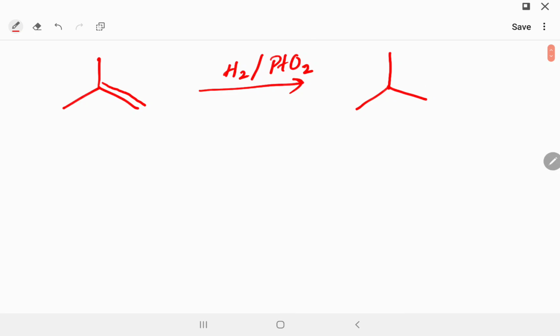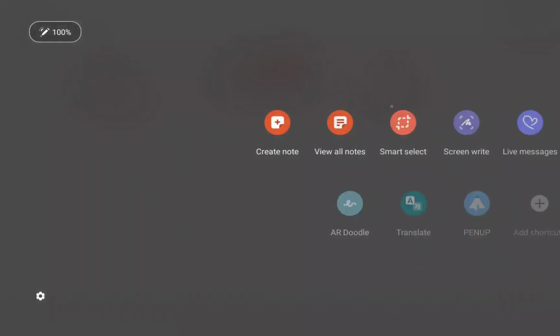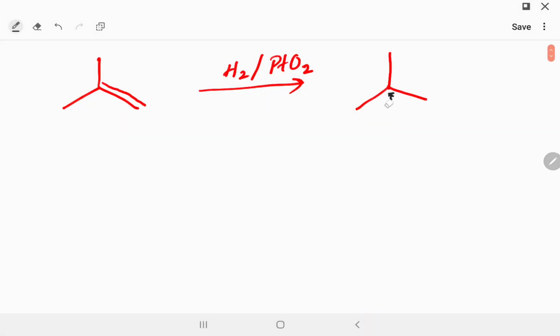Now both the sp2 hybridized carbons, this one and this one, lost a bond. So you have to give something. What you give in this reaction are hydrogens. Both carbons will get hydrogens. But in skeletal structures we don't show hydrogens, so you don't have to show where the hydrogens are.